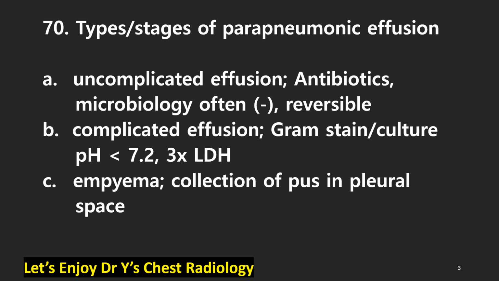And stage B, complicated effusion. It's complicated. Usually Gram stain positive and culture positive, pH is less than 7.2 and LDH level is usually more than tripled. And the latest stage, empyema, means collection of pus in the pleural space.